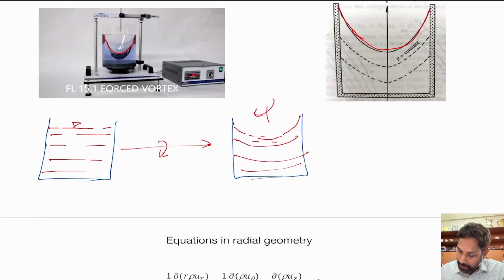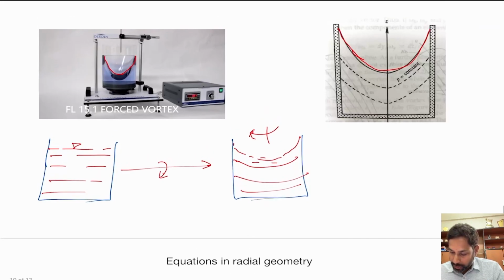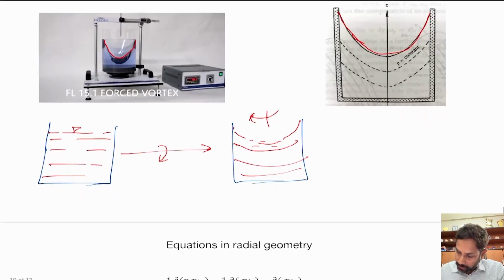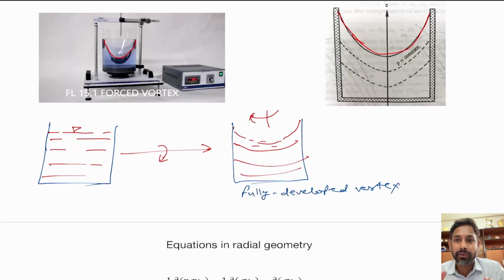Here you are rotating the glass of water along this axis, and that is how you get this shape. Once this is fully developed, we will call this a fully developed vortex, and we will not consider the transitioning time when it goes from this flat surface to this vortex-shaped surface.